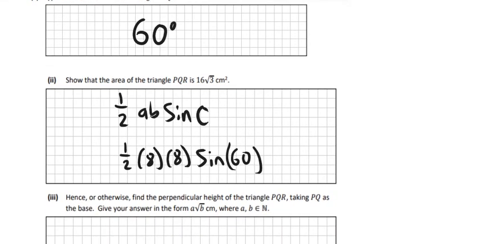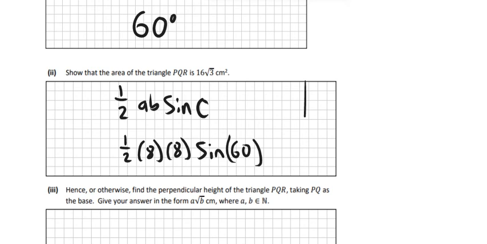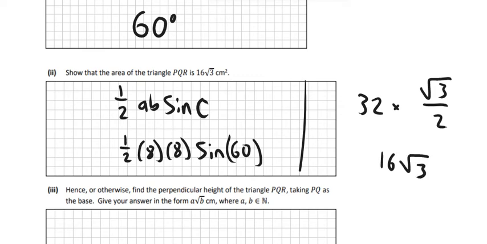So sine 60 is root 3 over 2. So we've a half times 8 times 8. So half times 8 will be 4, and 4 times 8 will be 32. So we're getting 32 times by root 3 over 2. Then if you divide 32 by 2, you get 16. So we get 16 root 3. So we've shown that the area is 16 root 3.